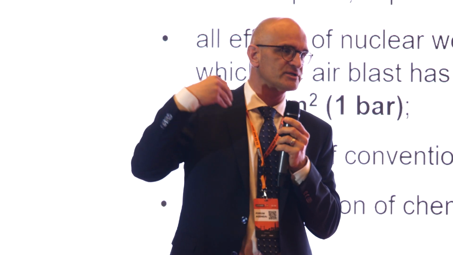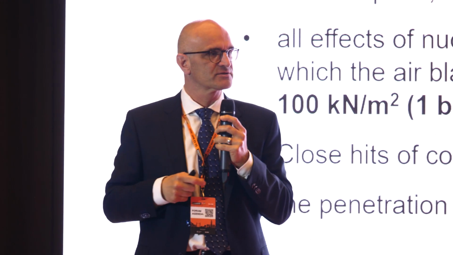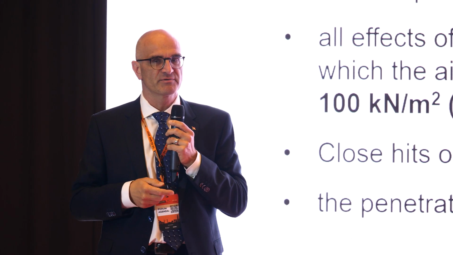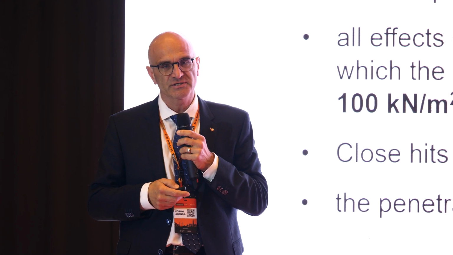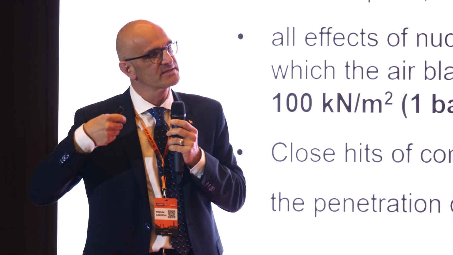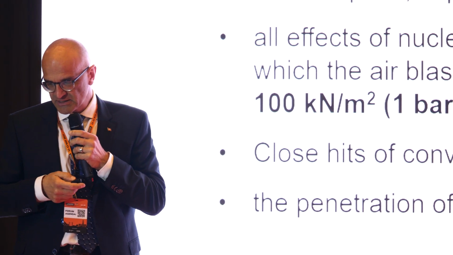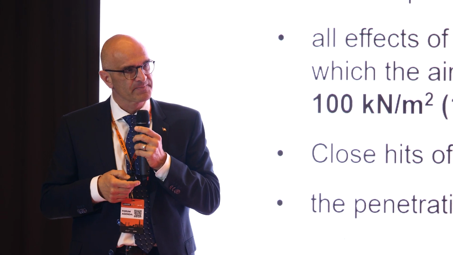It's not a definition based on a weapon. It tells us which physical effect you should survive, and from all this we derived the dimensions of our system. I think that is an important thing, and that's why it is still accurate after 60 years to build the shelters for that.